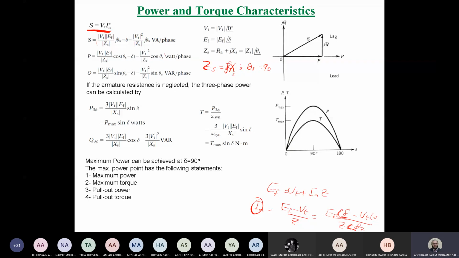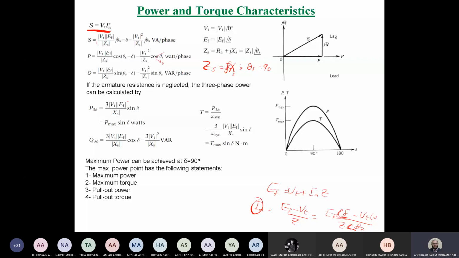And cosine 90 equals what, guys? Cosine 90 equals 0, right? So this part will be omitted from the equation of power. So in this case, guys, for 3 phase, the power of 3 phase equals 3 V terminal EF over XS sine delta.